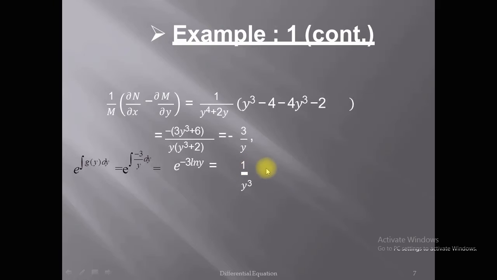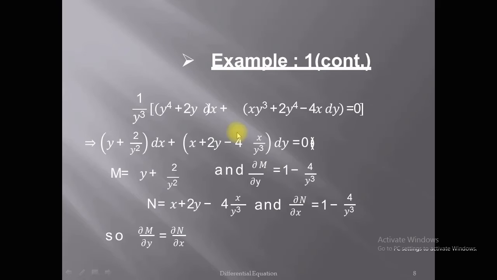Now multiplying this integrating factor, 1 over y^3, to the given differential equation, and after simplification we get: y^4 divided by y^3 gives y, and 2y divided by y^3 gives 2 divided by y^2, dx, plus, and now multiplying 1 over y^3 to this N function, we get x + 2y minus 4x by y^3, dy.